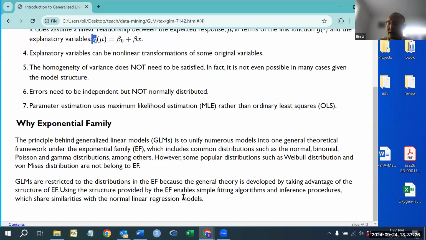But just keep in mind that some popular distributions, like the Weibull distribution and the von Mises distribution, which are used quite a lot in survival and reliability analysis, do not belong to the exponential family.